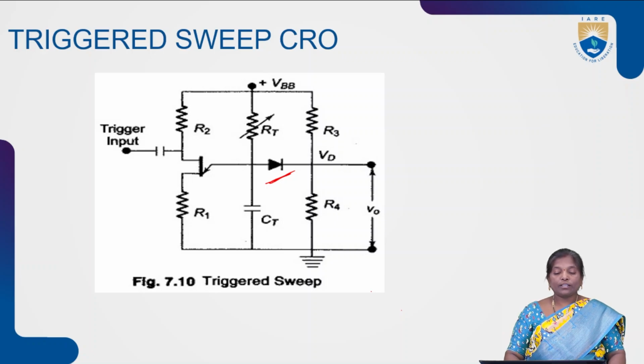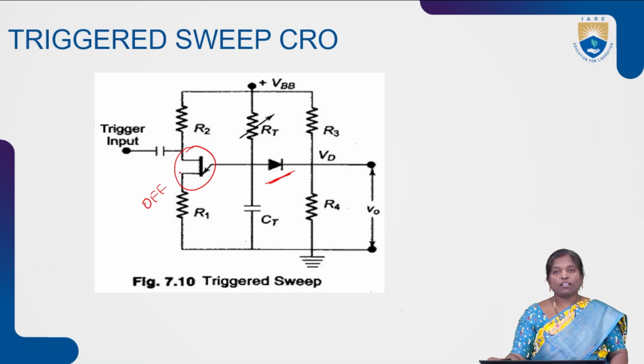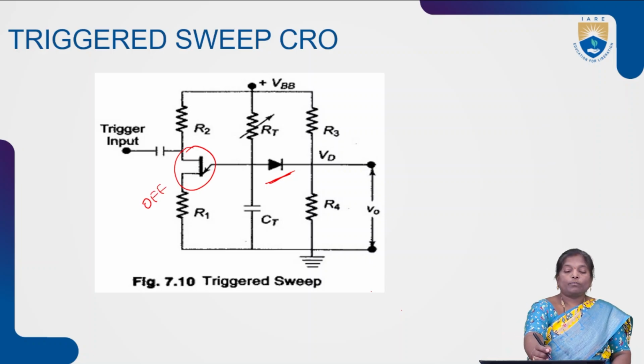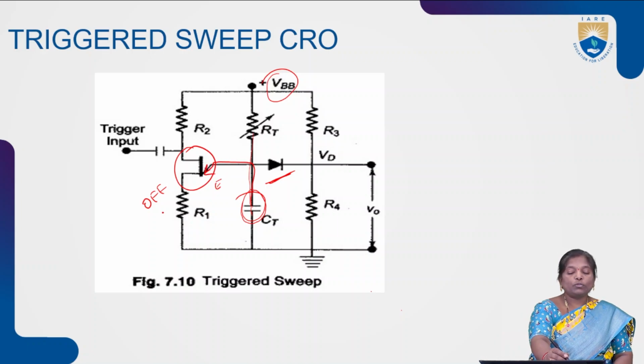Coming to the operation, initially the UJT is in the off state. As the UJT is off, based upon the supply voltage, the capacitor starts charging through the resistance R. When the capacitor charges to the maximum value, the emitter voltage becomes greater than the base voltage, and the UJT turns into the on state.